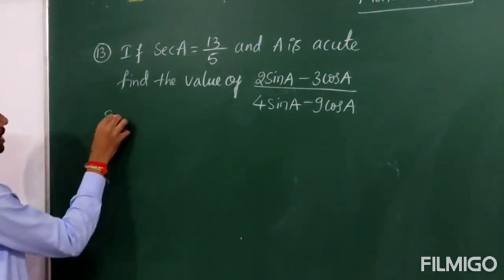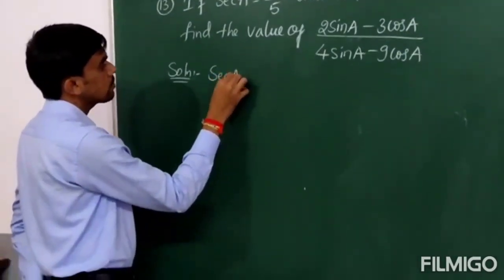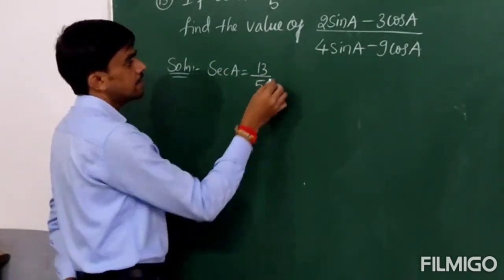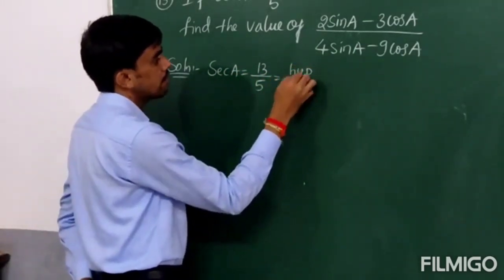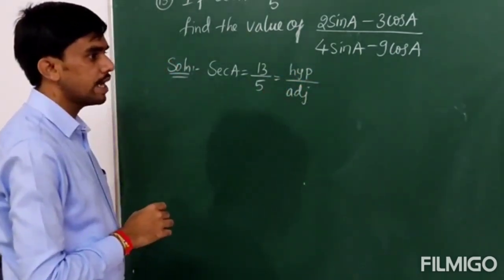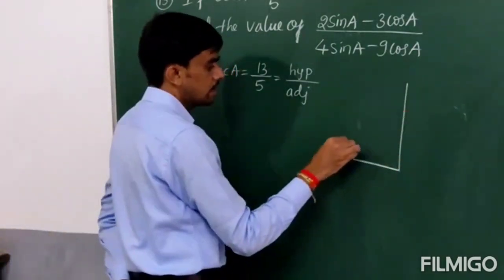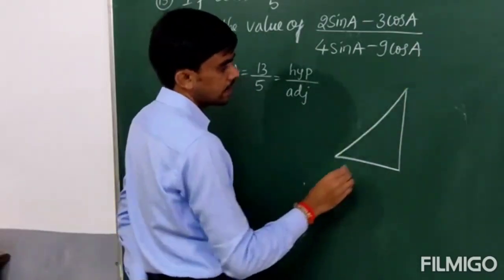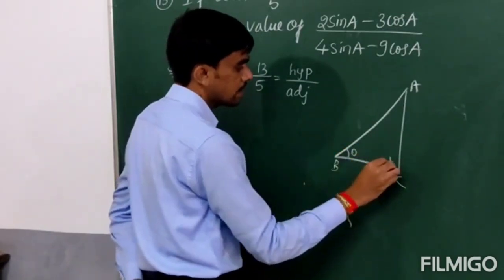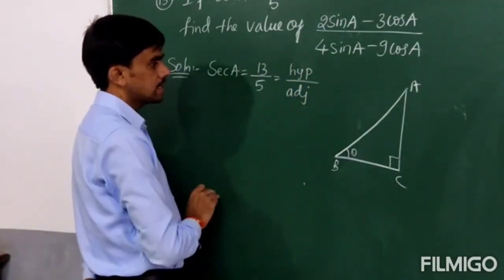Okay, so the solution is: secant A is equal to 13 by 5. What is secant A? Secant A means hypotenuse divided by adjacent side. By taking a right angle triangle ABC, this is theta, here it is 90 degrees.